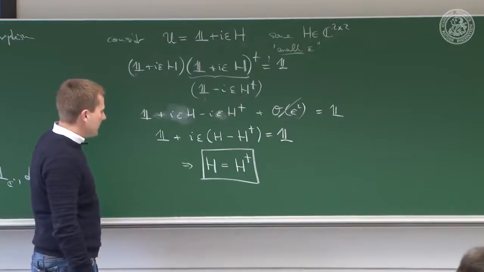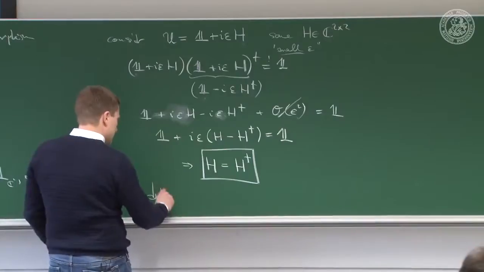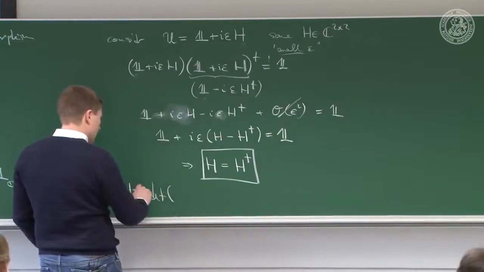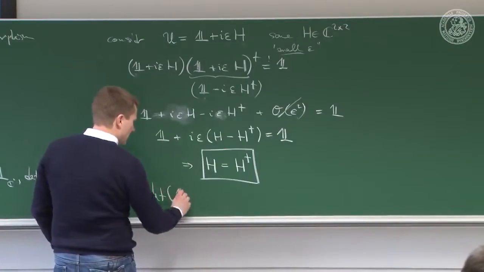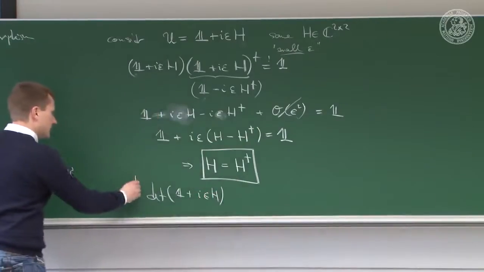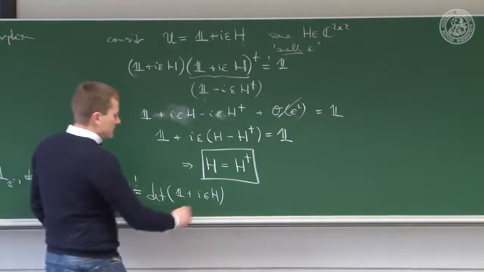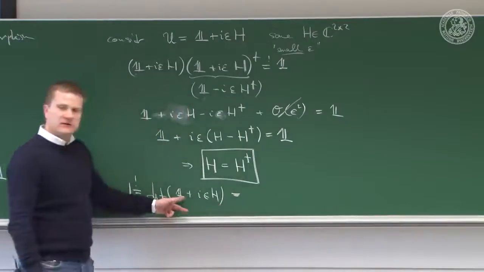Okay, so this is this, and the second condition is that the determinant of u, which is now 1 plus i epsilon h, be 1. That's the S in SU2. Then there's the determinant formula for the expansion of a determinant.